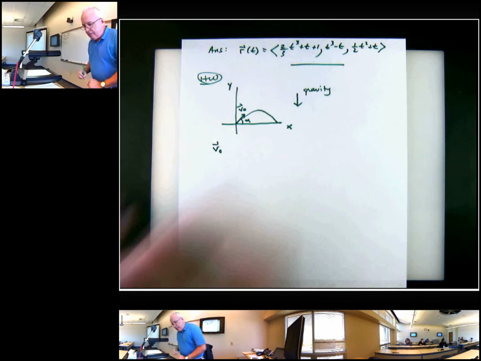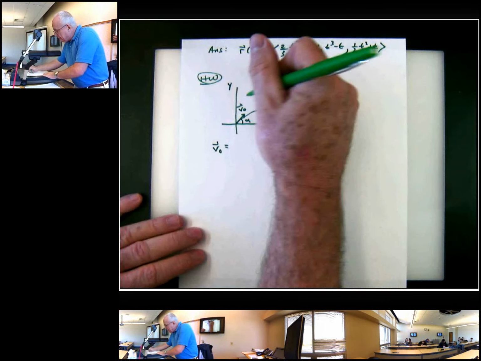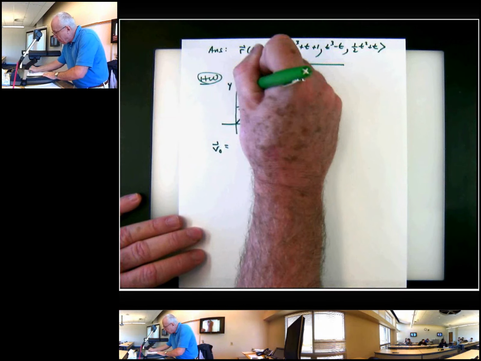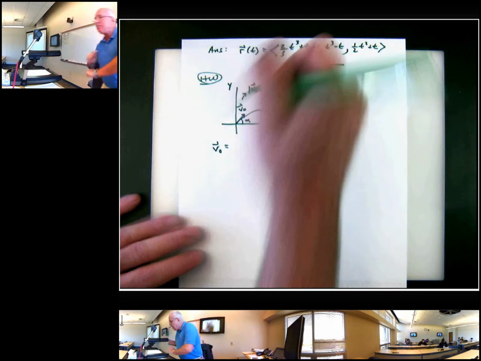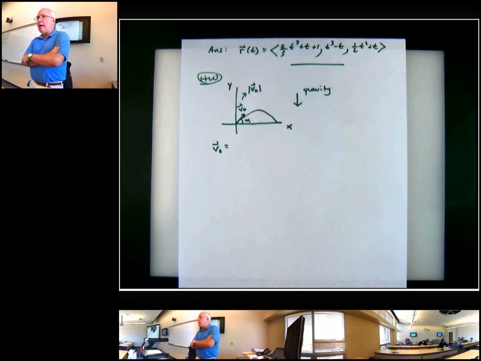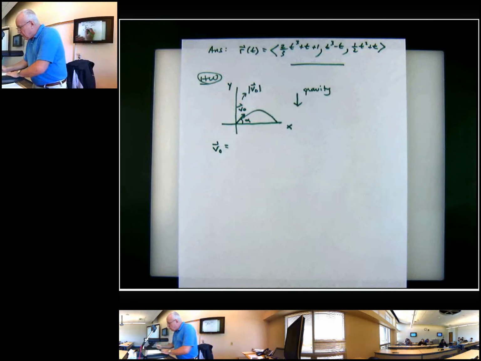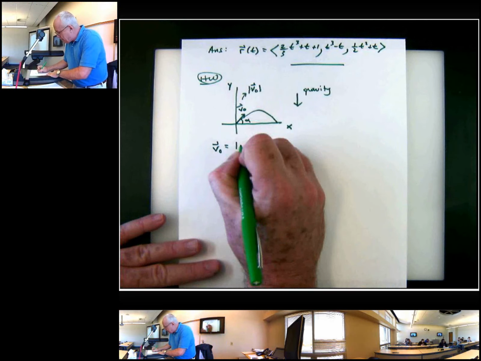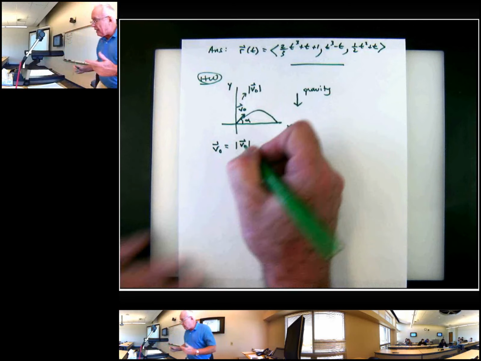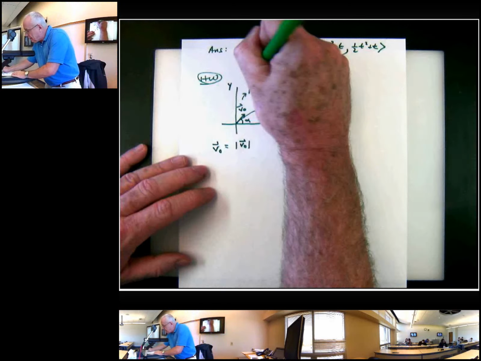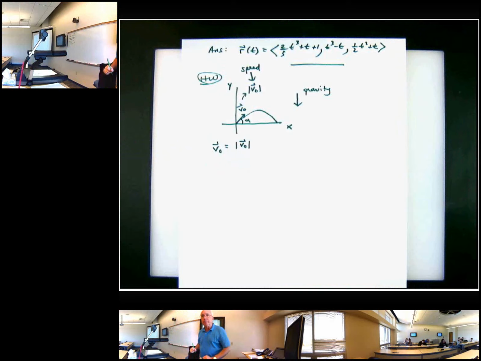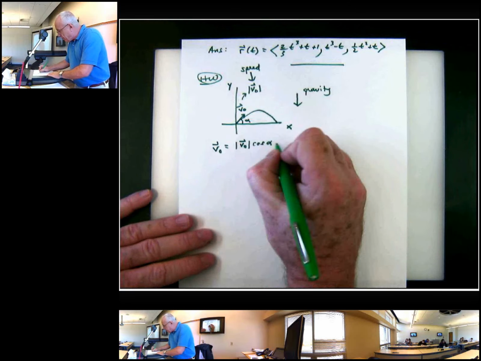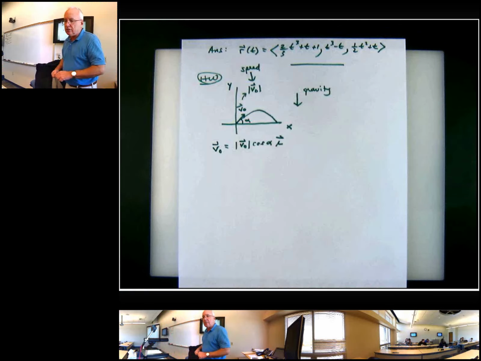So this velocity vector has a magnitude, the absolute value of that, which is the magnitude. The horizontal component is going to be the magnitude, the speed that this thing gets fired at, times the cosine of this angle, and that's going to be for the I vector, for the X vector.